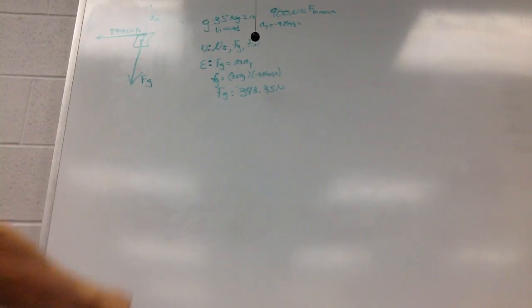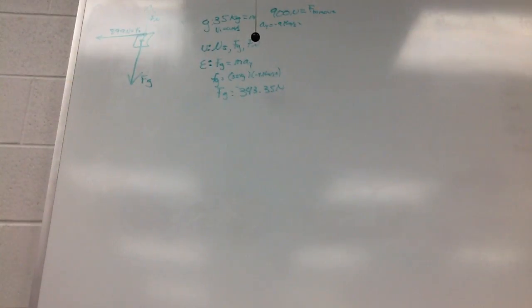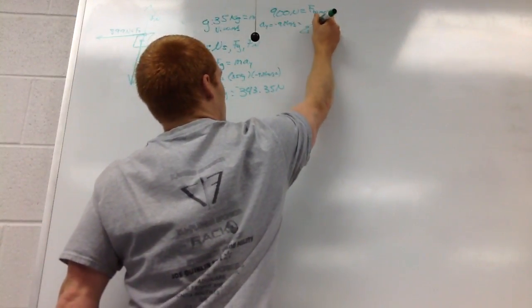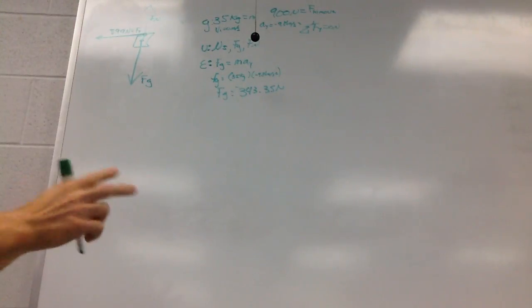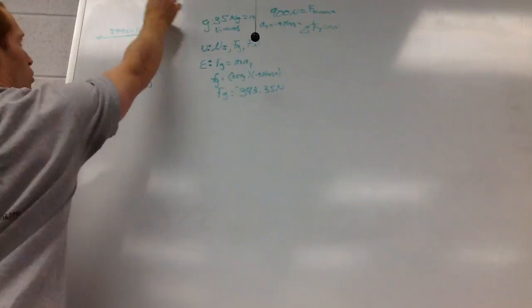To get force normal, is this box going to move in the y direction? If you're pushing it horizontally, it definitely should not move in the y direction. It shouldn't go up. It should only be moving left and right. So the net force in the y direction has to equal 0. We only have 2 forces acting on it in the y direction, the force of gravity and the force normal.